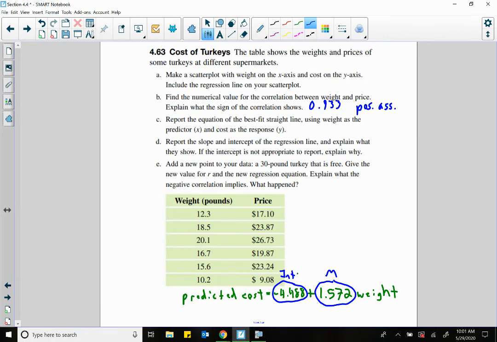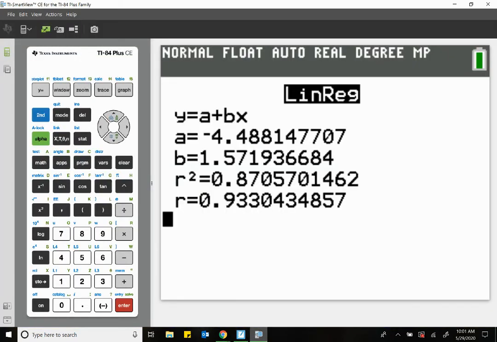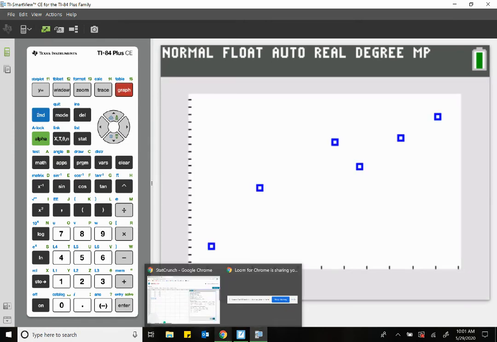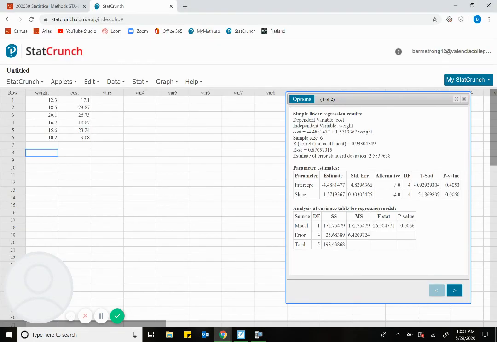All right, last but not least, we are going to add a new data point, and we're going to do a new regression. So this is where the calculator kind of falls a little bit on its head, because now I'm going to lose all this beautiful information, and I'm going to lose my graph that it created already. Where in StatCrunch, I can keep both of them.